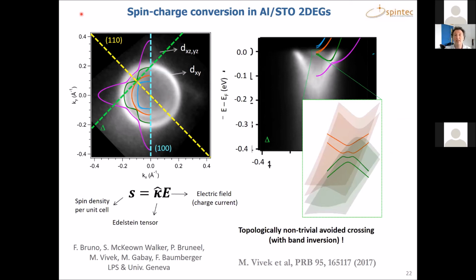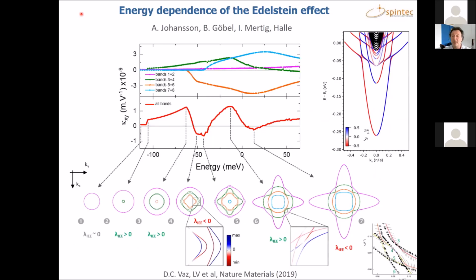And the colleagues in Halle have calculated from the expected spin density the Edelstein tensor as a function of the Fermi level energy. I will not go too much into the detail here, but as a function of the position of the Fermi level within this band structure with light and heavy electrons, you will go through some cuts where you have only 1 contour, 2 contours, and so on.